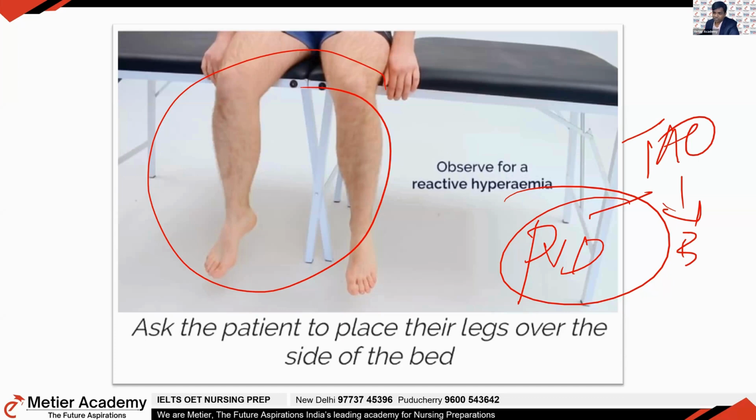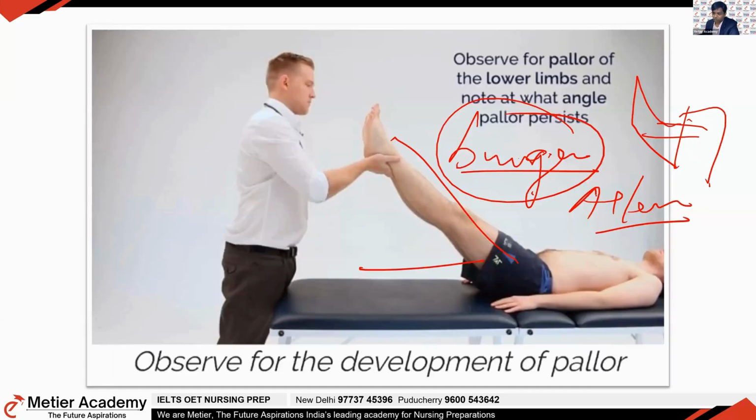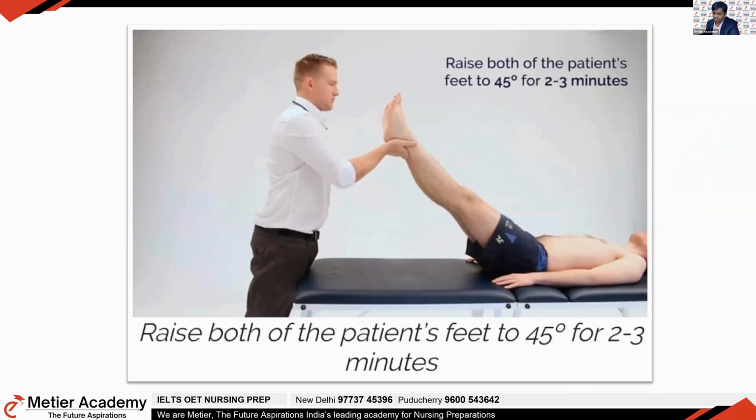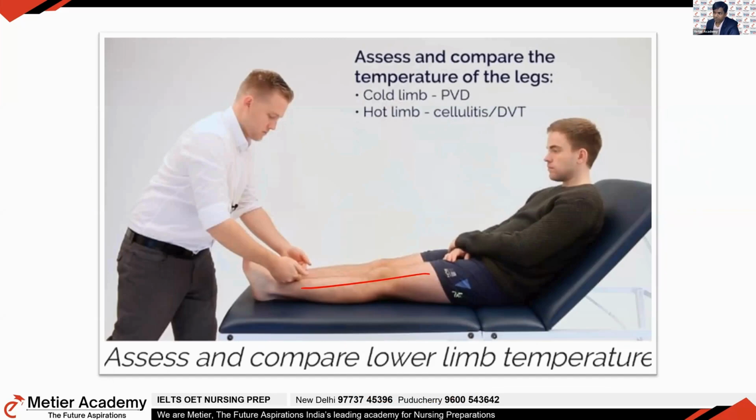Buerger-Allen exercise. Okay, it's an assessment part. To assess, they will observe development of pallor, raise both of the patient's feet 45 degrees for 2 to 3 minutes, and then assess the temperature. For a cold limb, it is PVD. Where there is a hot limb, it is cellulitis and DVT.